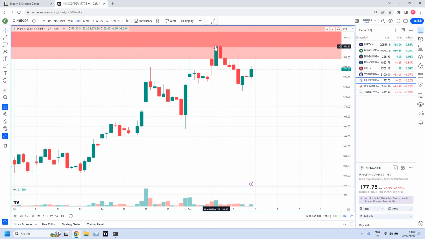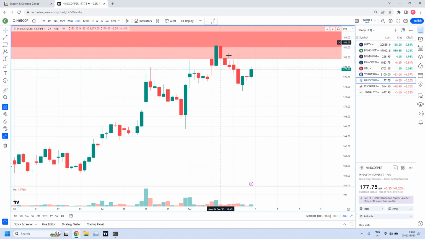This is yesterday's trade. If anybody would have taken a trade yesterday, you would have got a good return. Yesterday at 9:15, sorry, 10:30 candle, it gave the entry. And probably this is the last candle. But anyway, this stock is not identified in the near supply zone list.